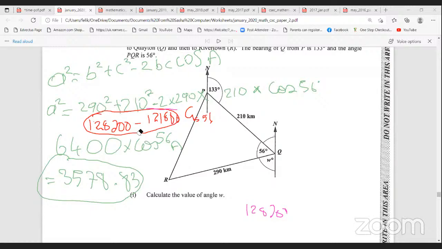I got to do it bit by bit on my calculator because I'm using my phone. So I got to do 121,800 plus 56. Let me write down what I get when I did that part.